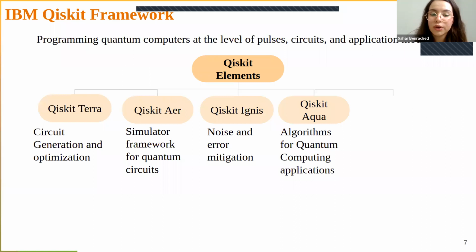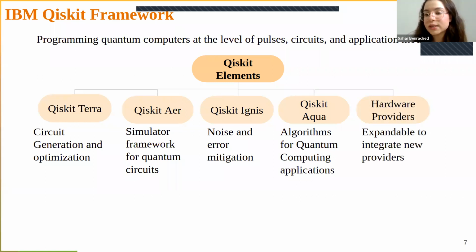For example, Terra for designing circuits, Aer for the simulators, Ignis for the noise and error mitigation algorithms, and Aqua for the application modules. Although I must note that this may be an outdated architecture of Qiskit because there have been many updates, especially at the level of the application modules.